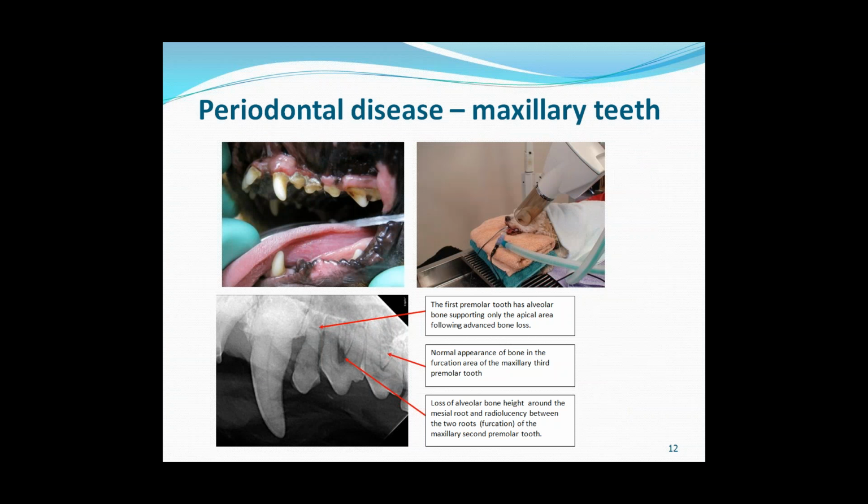And we can see that there's healthy bone within the furcation. There's a normal periodontal ligament around the tooth as well. And for all intents and purposes, that's a healthy tooth. So we've got alveolar bone loss, loss of periodontal ligament and cementum, and we'd have deeper periodontal probing depths around the canine and the first and the second premolars in this particular case.